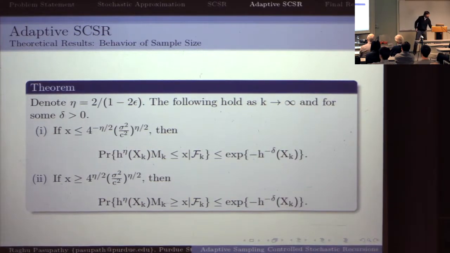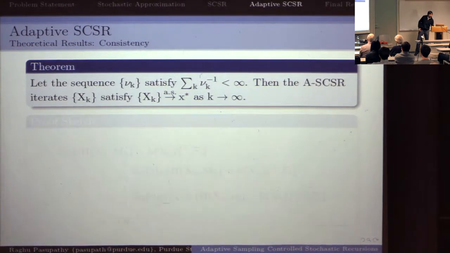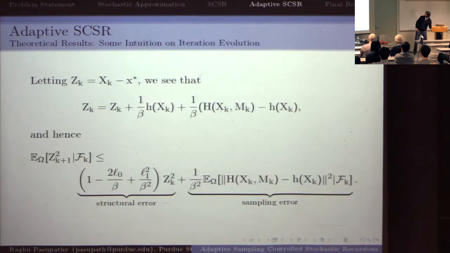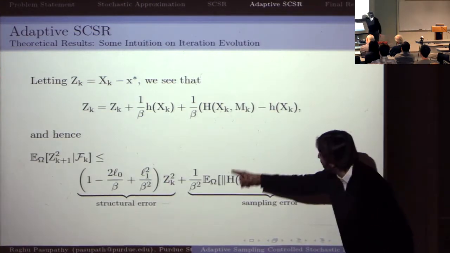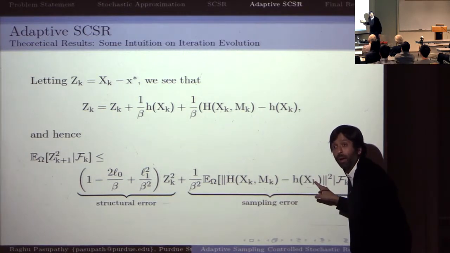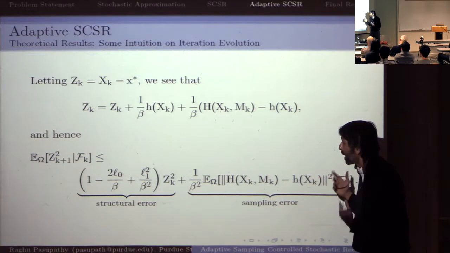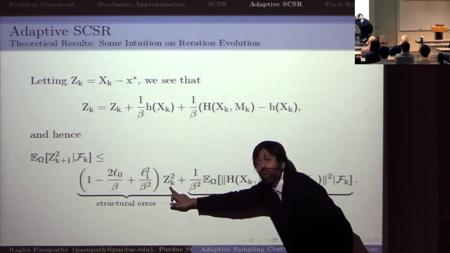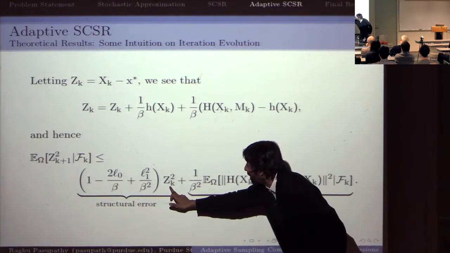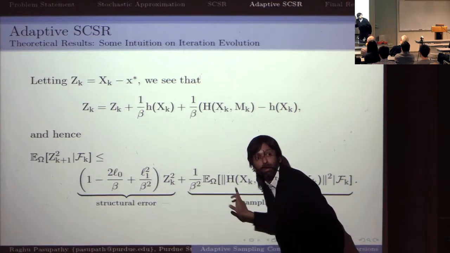This is useful, going back to this result right here, because if this looks roughly like 1 over m, and m is concentrating on 1 over h squared, so to speak, then these two are in lockstep.